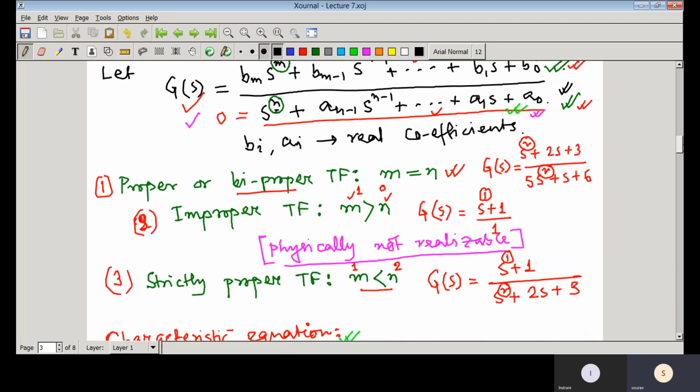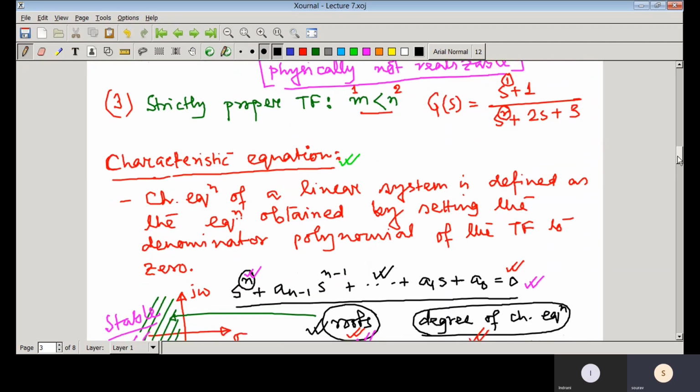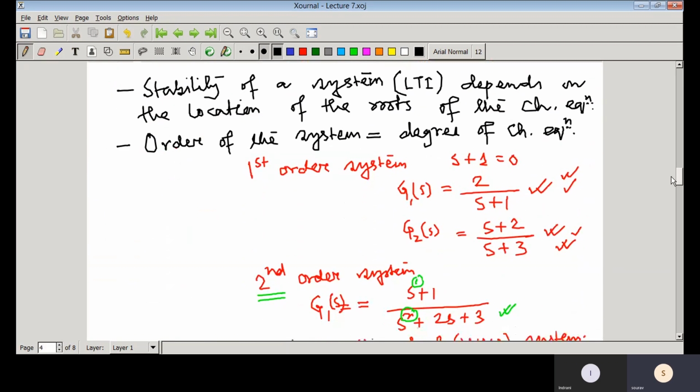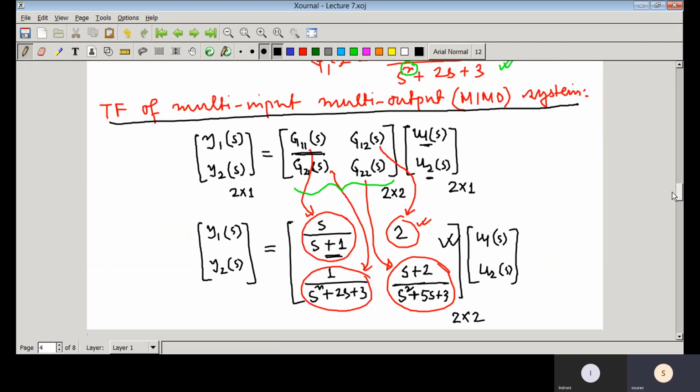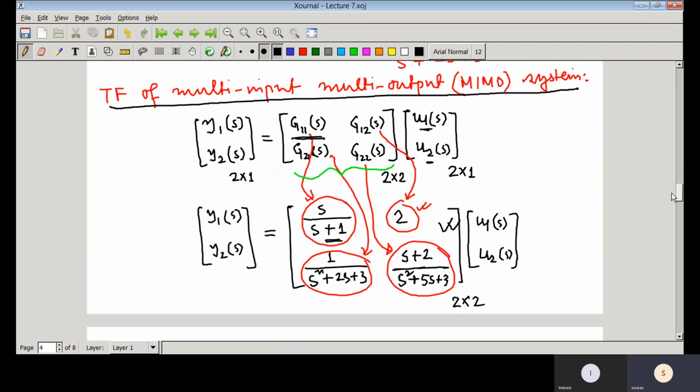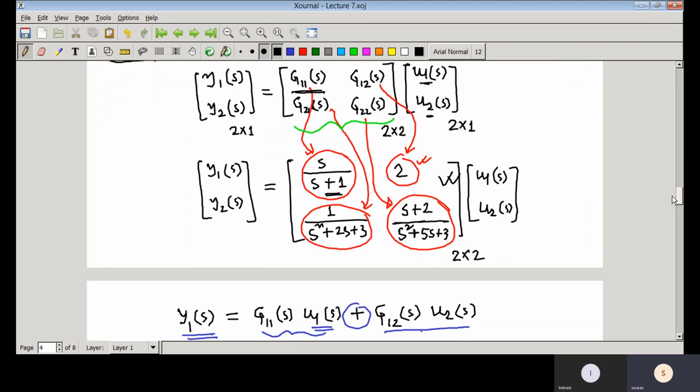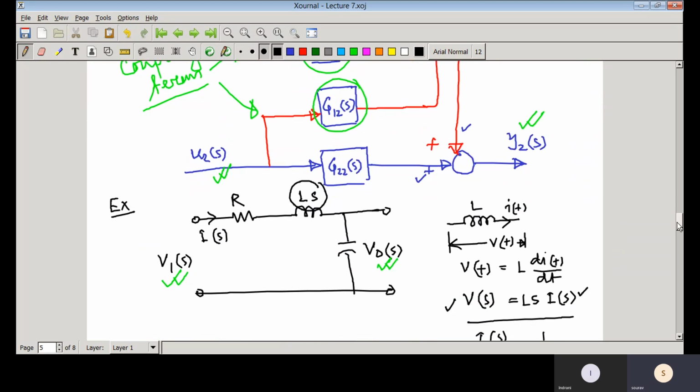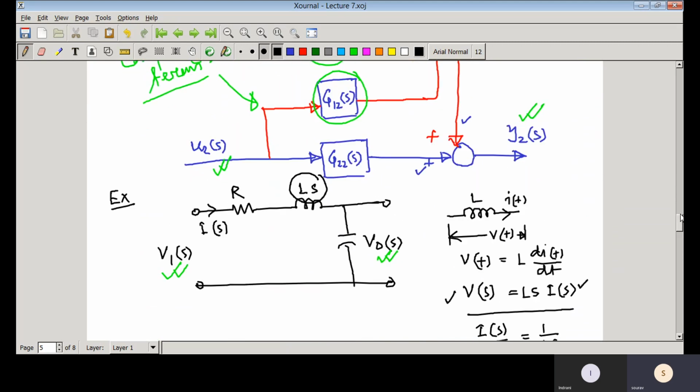We have given some definitions, characteristic equation and order of the system, and we have taken some examples and shown how to represent the transfer function for a multi-input multi-output system. This particular example we will be discussing in the next class.